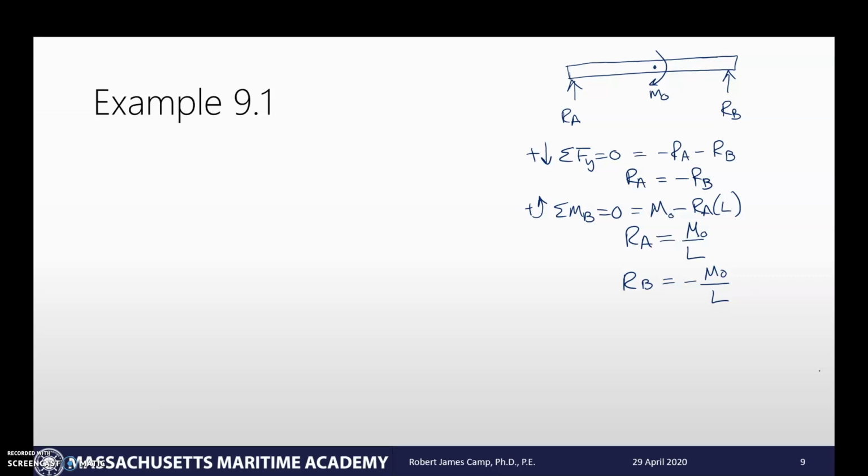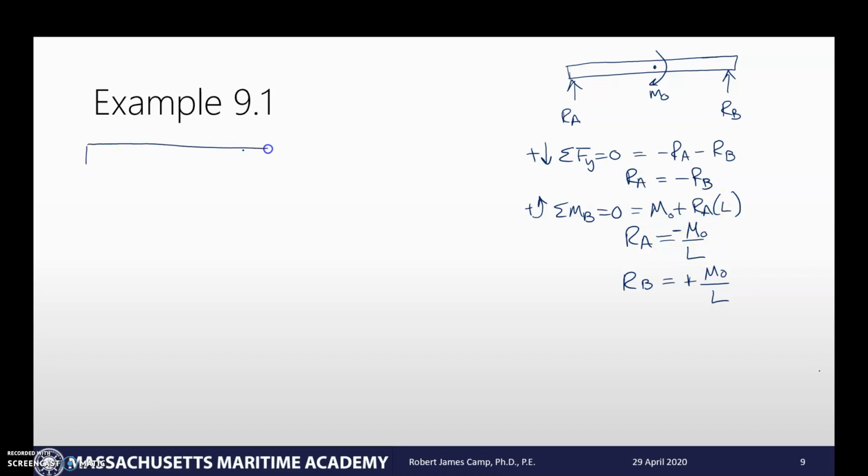Actually, quickly looking at this, RA is moving in the same direction as MO, so that should be positive. So that would make this negative, which would make this positive. Okay. Now, what does that tell me? Well, this is negative, which means that I drew this in the incorrect direction, which is fine.